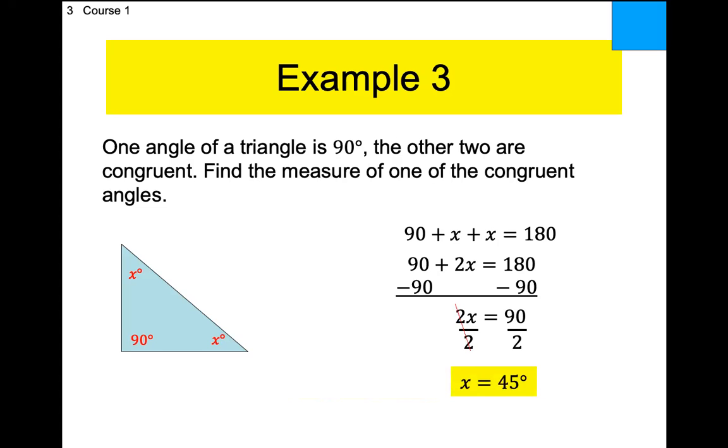Find the measure of one of the congruent angles. We've answered the question. No, you don't divide 45 by 2, because when you're solving for x, we said x was one of the angles, not both. They're the same, so they're both 45. So, isosceles triangle.